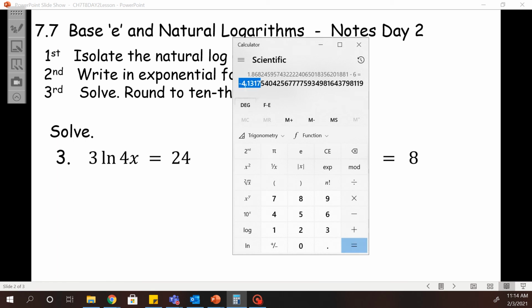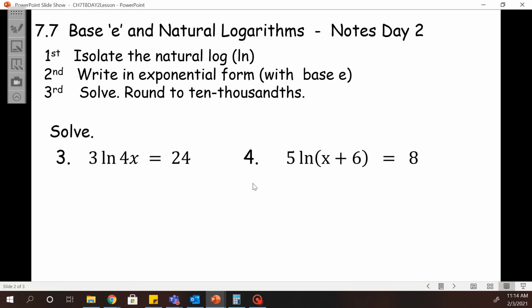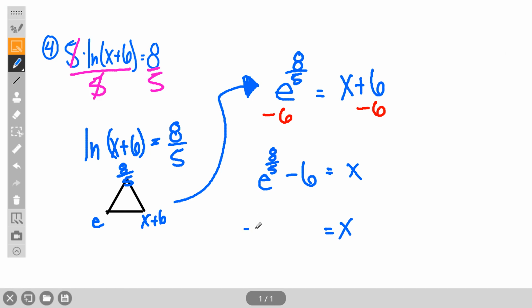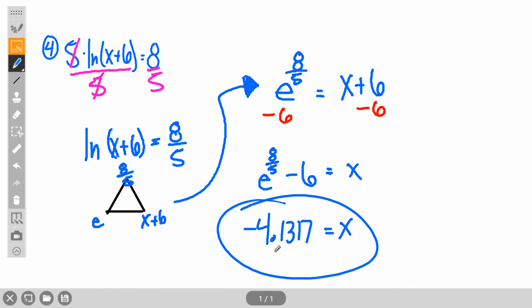So negative 4.1317. Negative 4.1317. And this would be my solution.